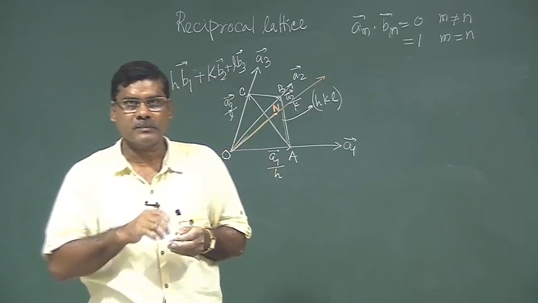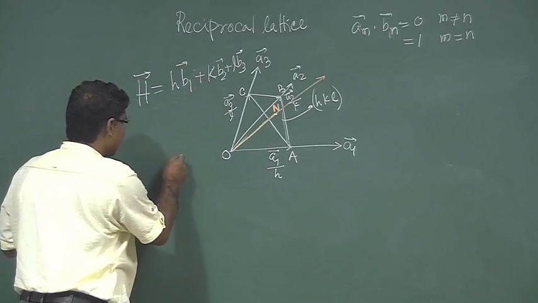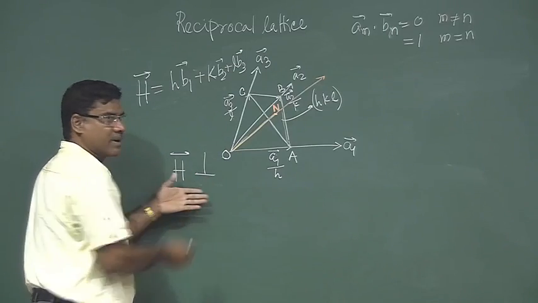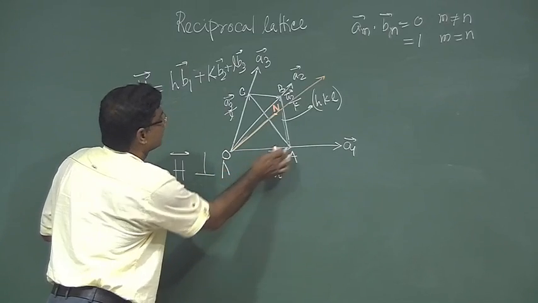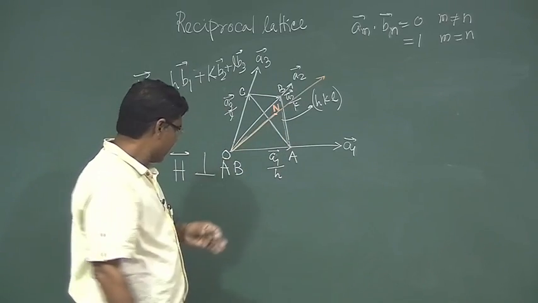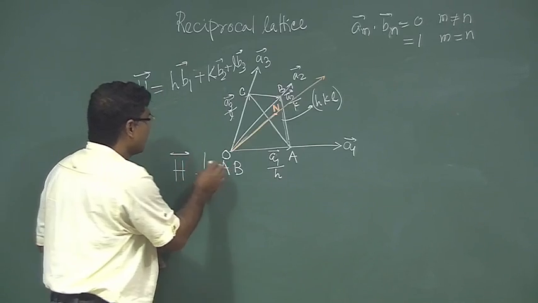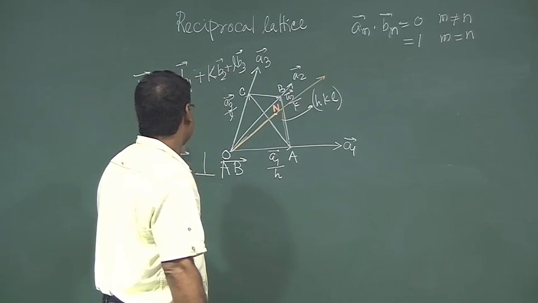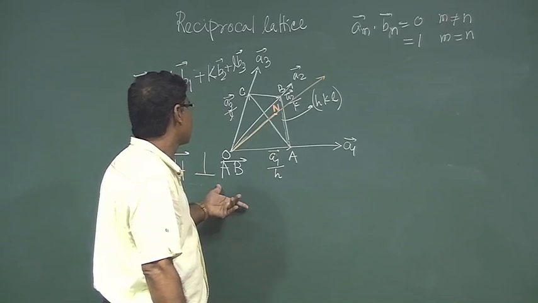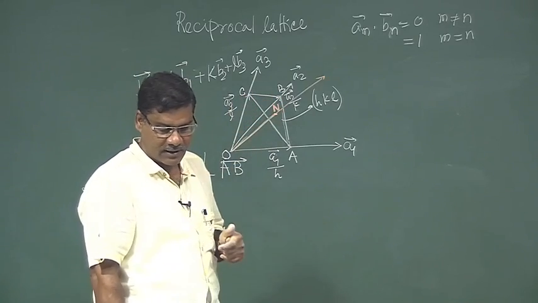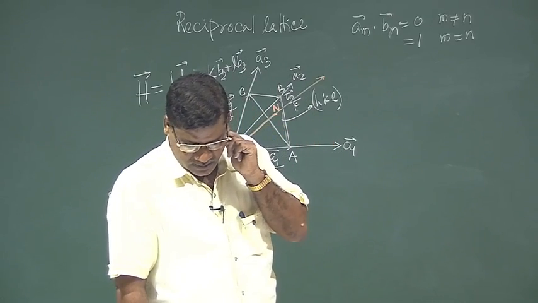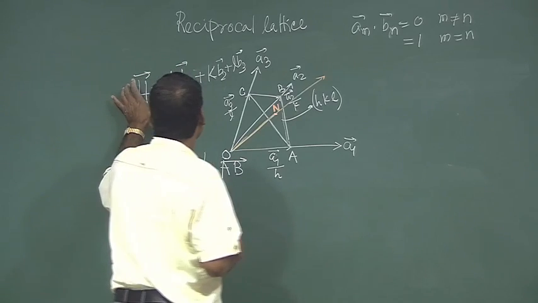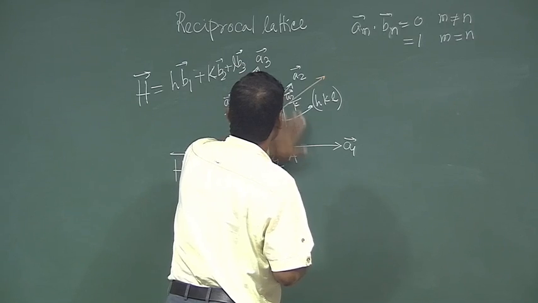So, if I can show that H is perpendicular to AB, or one can show on another line also that it is perpendicular, then it is confirmed that this H is perpendicular to this plane.